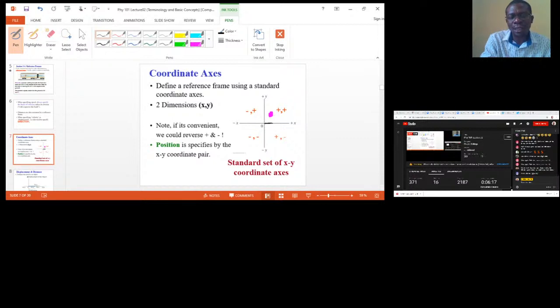That will be my x-coordinate. How many units do I have to move along the y-axis? So at the end of the day, I come up with a pair of numbers, which is called an xy coordinate pair.